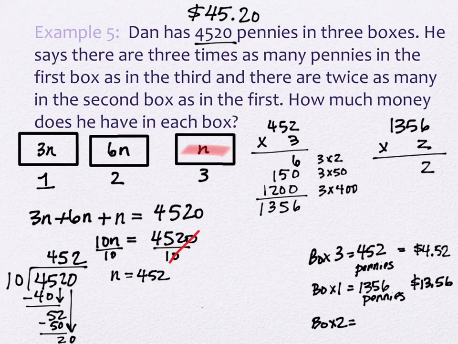So I put the 2 down and I carry the 1. 2 times 5 is 10 plus 1 would be 11. So I write the 1 down, carry the 1. 2 times 3 is, plus 1 is, and then I've got 2 times 1, so 2. So box 2 has 27, what was it, 12? 12 pennies. And again, if you wanted to put that into a dollar amount, that'd be $27.12.